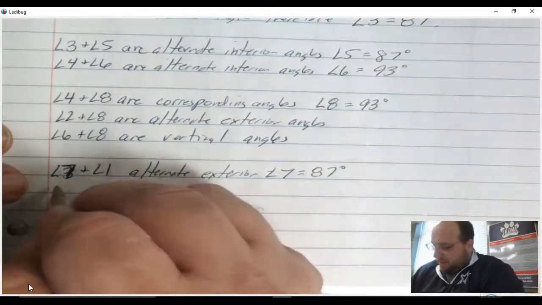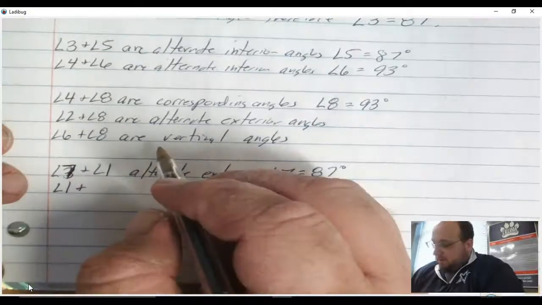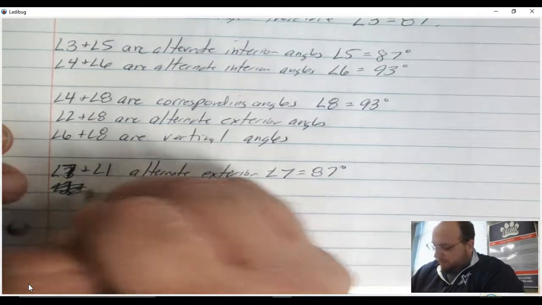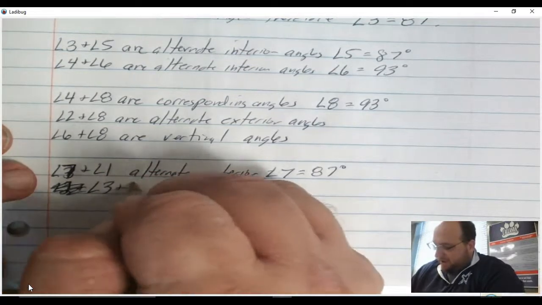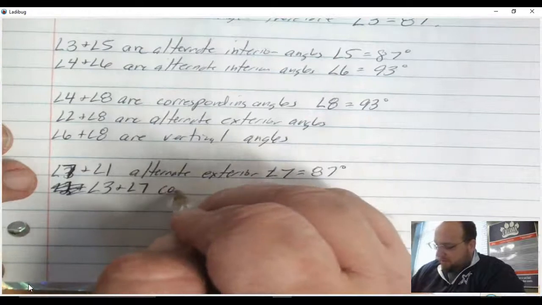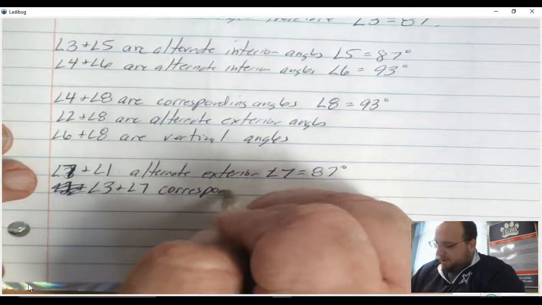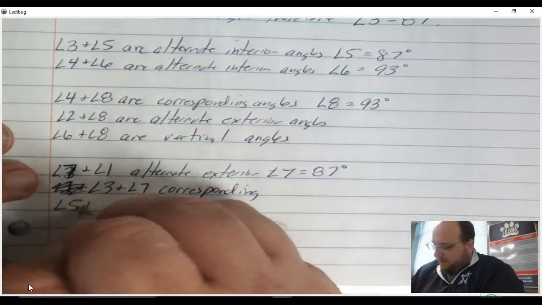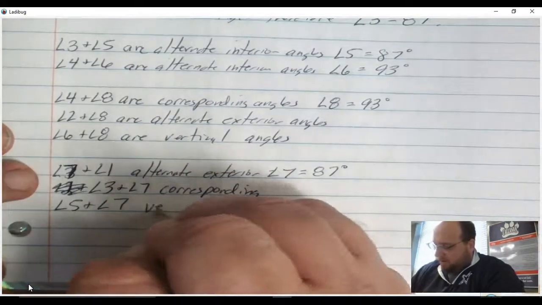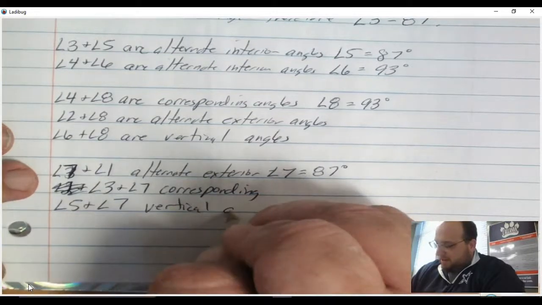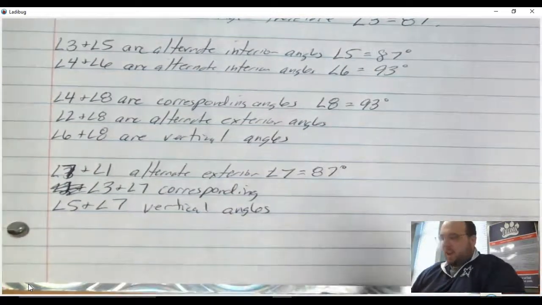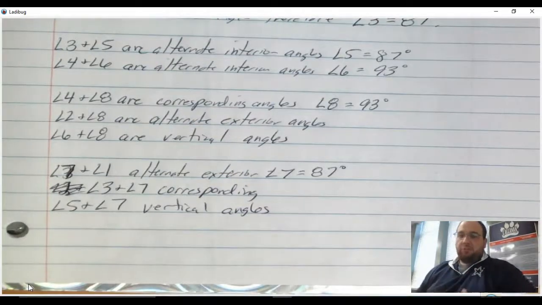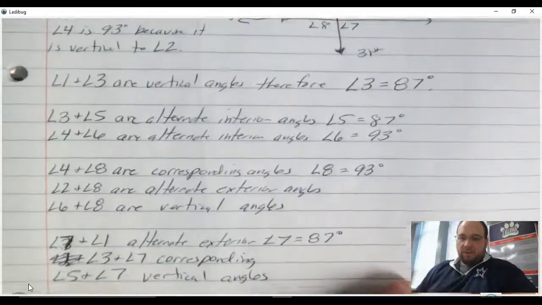I could have also said that angle 3 and angle 7 are corresponding angles. That's another reason why they're the same, 87 degrees. I could have said angle 5 and angle 7 are vertical angles. That is another reason for 87 degrees. So as you move along, there are multiple ways to prove what an angle measure is equal to.